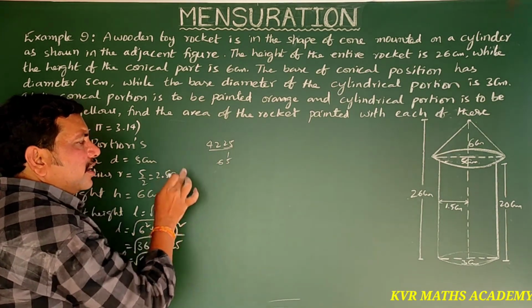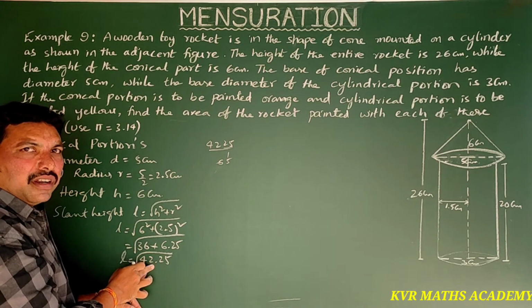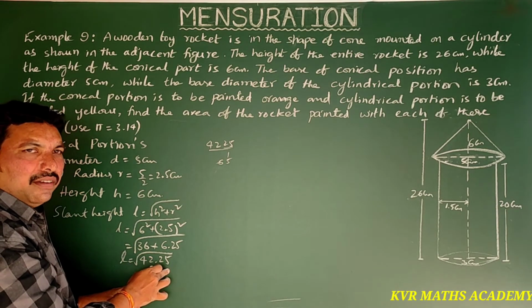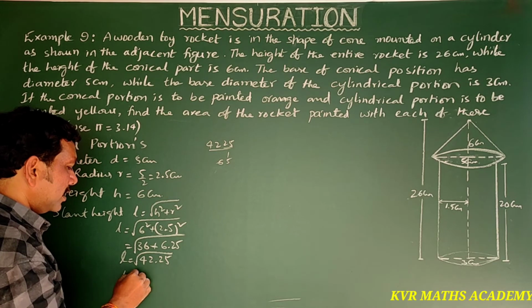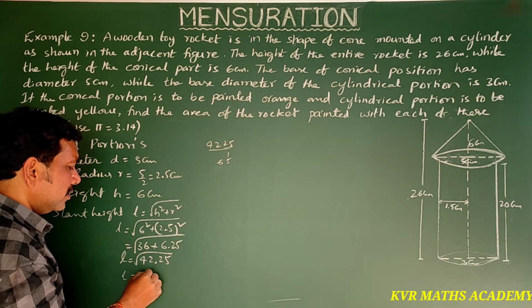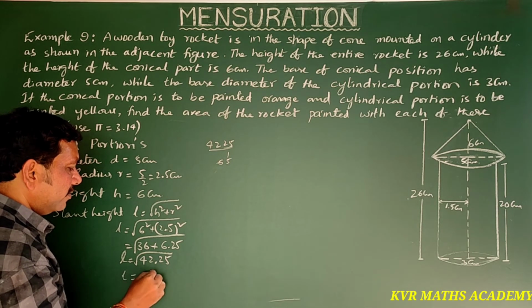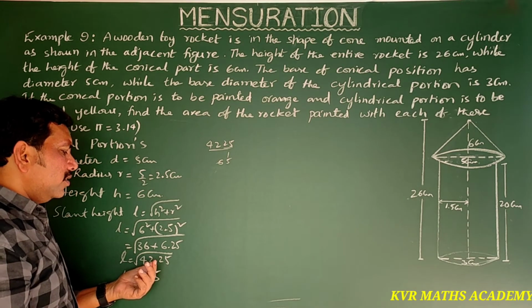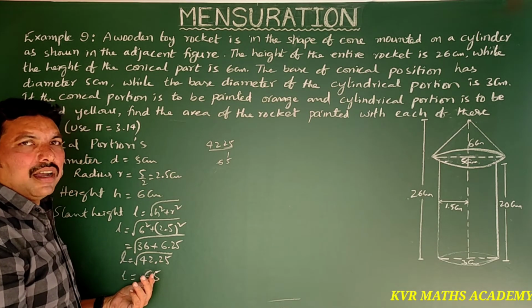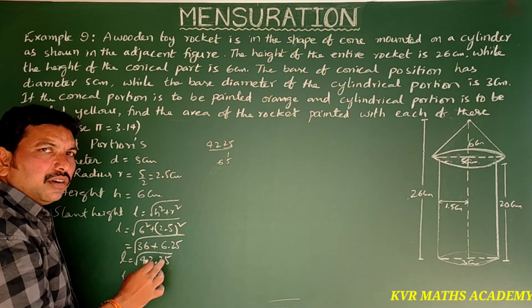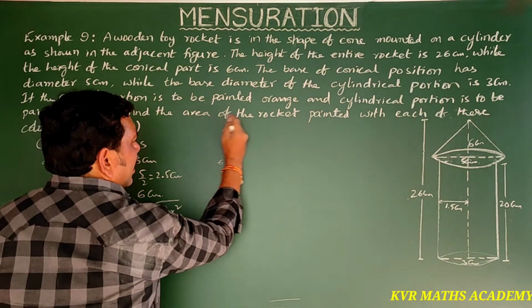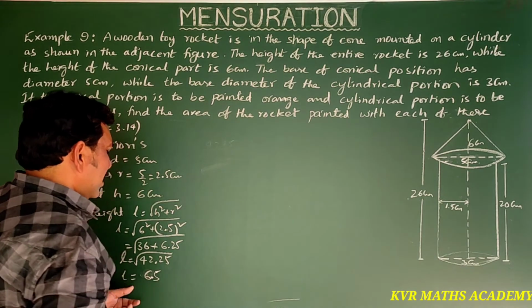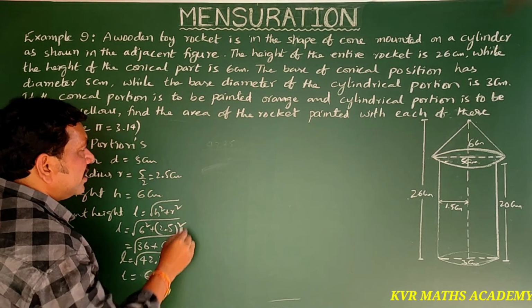That's why 6.5 is the square root of 42.25. In the square root only one digit will come before the point. So L is equal to 6.5 centimeters.